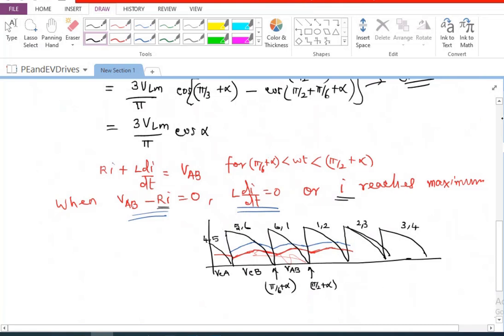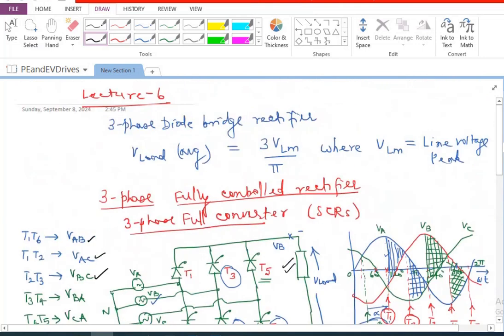So whenever T1 is conducting, I'm going to have a current flowing like this, flowing through the device T1, and it is going to go through the load like this. So the load current is equal to IA when T1 conducts.